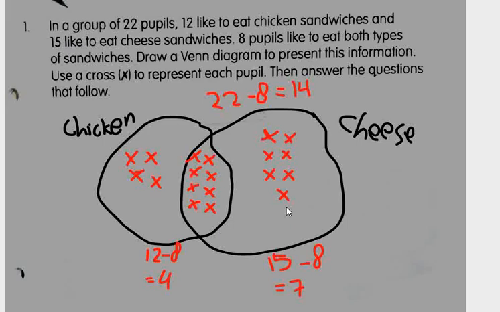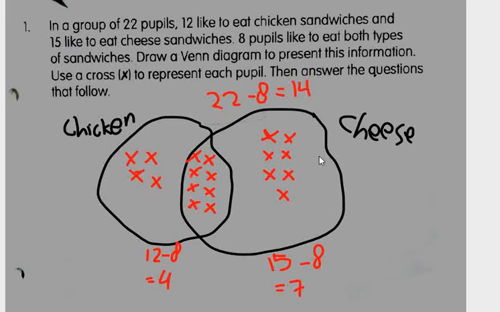So where are the other three? Because there are 22, right? 22 is the total of the pupils, and we have 3 remaining.